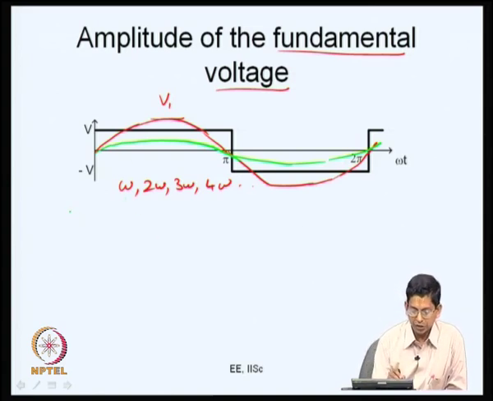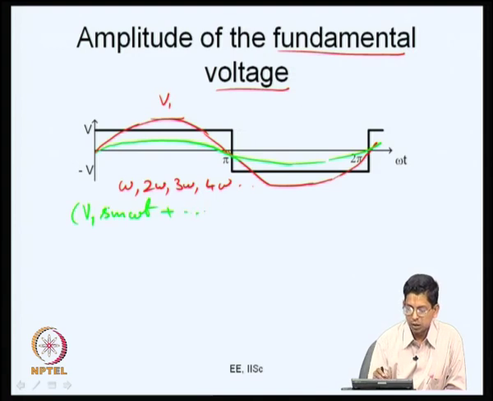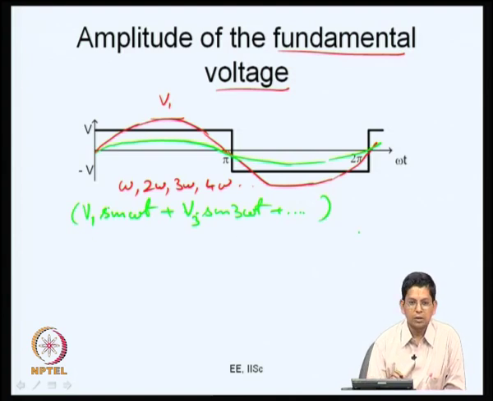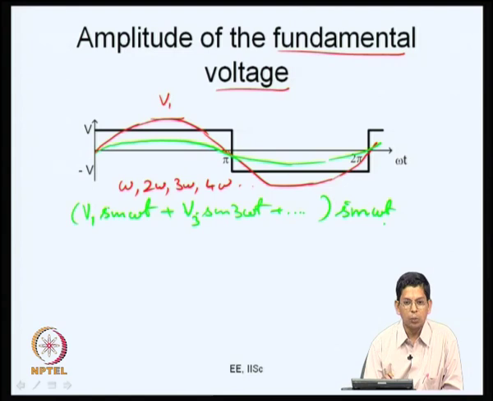Now, this waveform in question has several components. Let me write them as V1 sin omega t, plus, let us say, V3 sin 3 omega t, plus so on. It has all these various components. Now, if I multiply this by sin omega t, what happens?